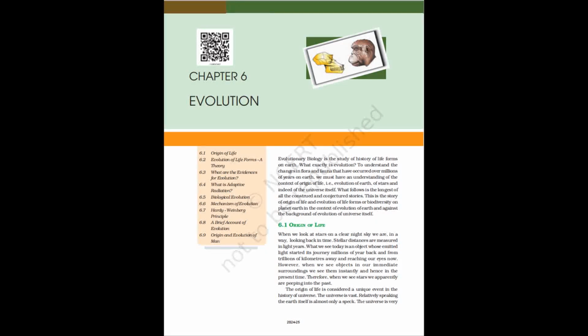The fitness, according to Darwin, refers ultimately and only to reproductive fitness. Hence, those who are better fit in an environment leave more progeny than others. These, therefore, will survive more and hence are selected by nature. He called it natural selection and implied it as a mechanism of evolution.